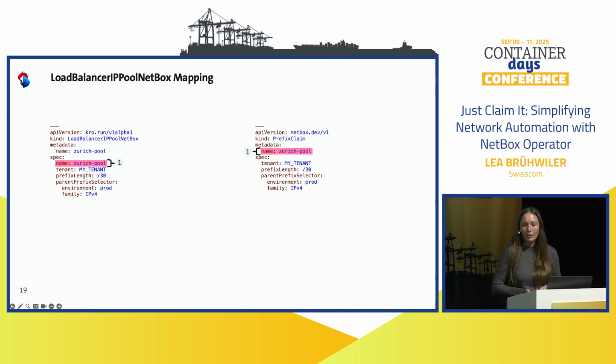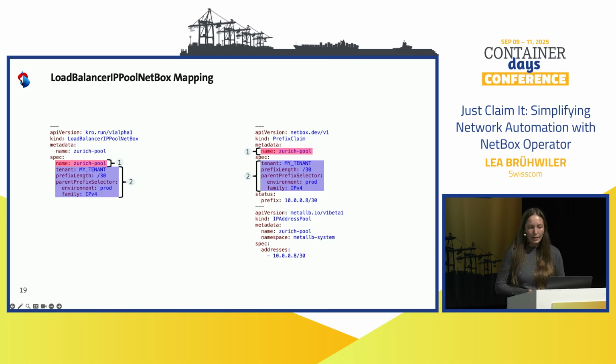So the name of this resource is the name of the spec from the left, and the spec is basically the rest of the spec. And then, once the NetBox operator has reconciled this resource and the status field is there, kro will create the IP address pool custom resource that's used for the load balancer configuration.